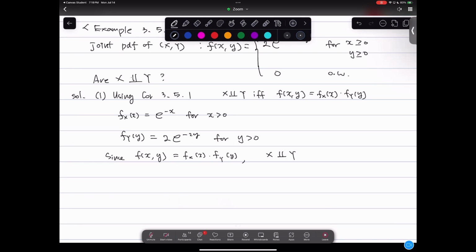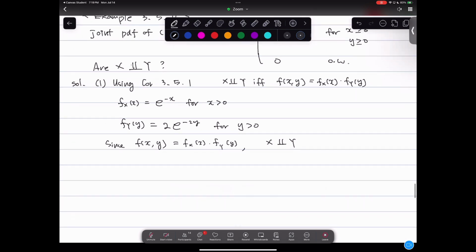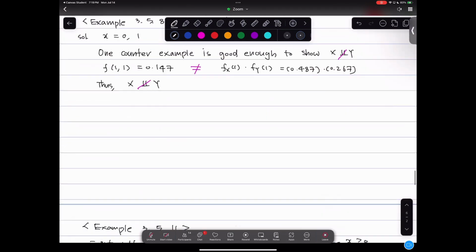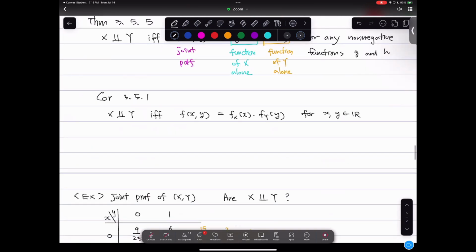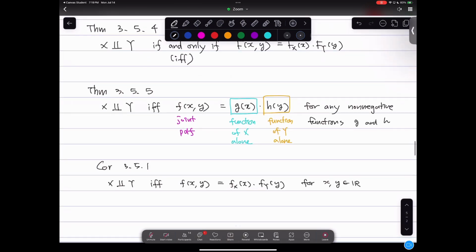However, we have a better way of doing this. That's number 2, using the theorem. Which theorem? The theorem right here, 3.5.5. If your joint PDF is a product of a function of x alone and a function of y alone, then X and Y are independent.